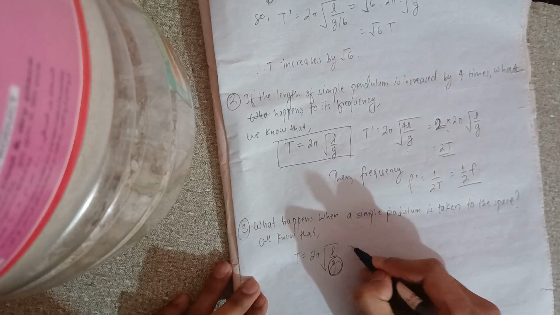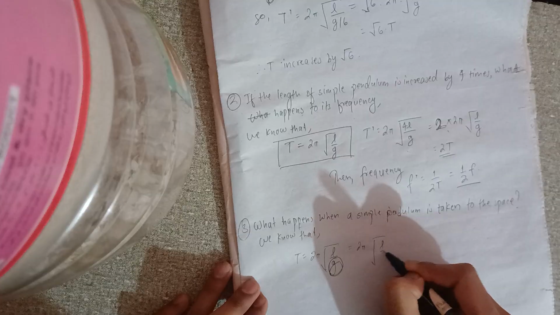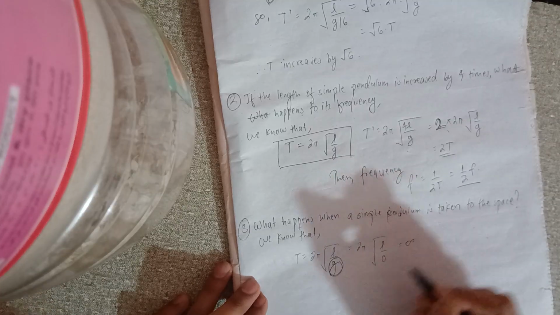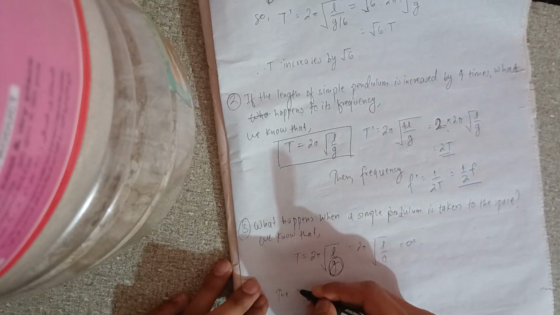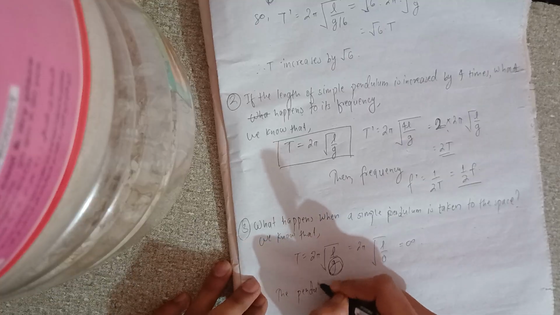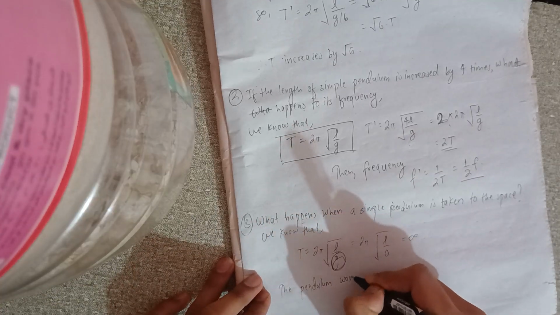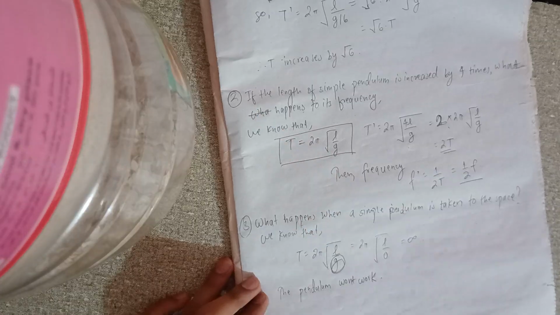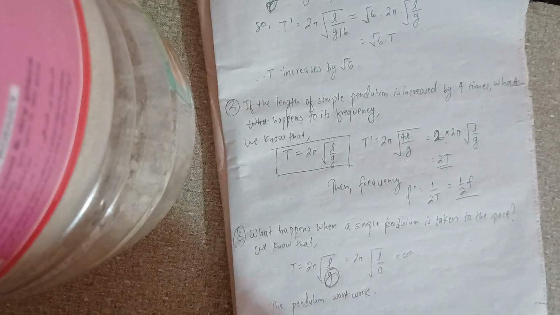So T equals 2 pi under root L by 0. This will be infinity. That means the pendulum won't work. It won't oscillate, and the time period is infinite. So now we are going to question number 4, the second last short question we are doing today.